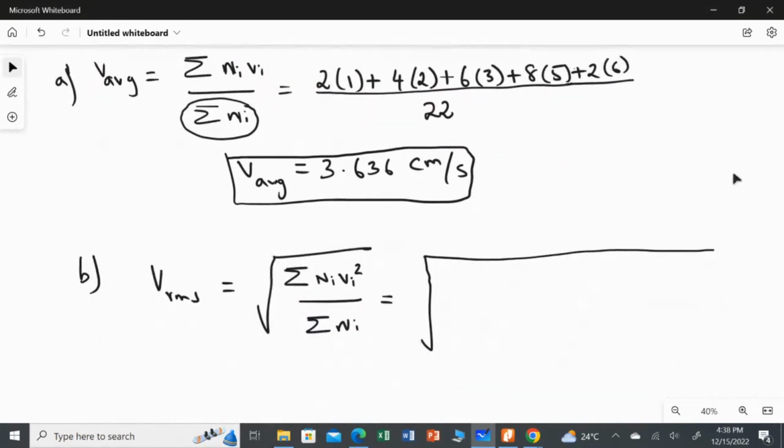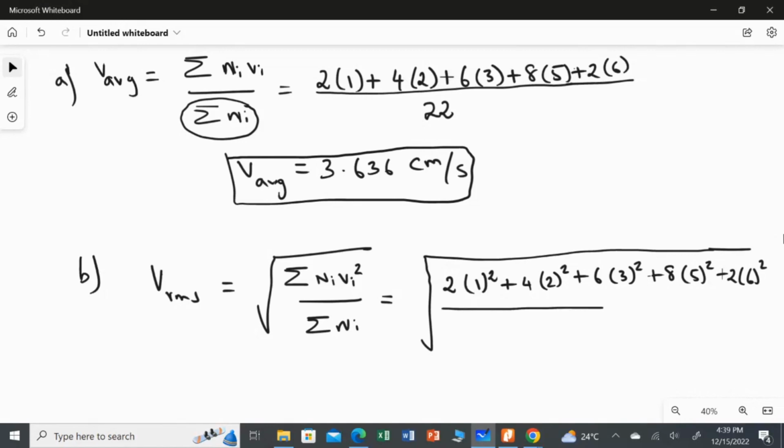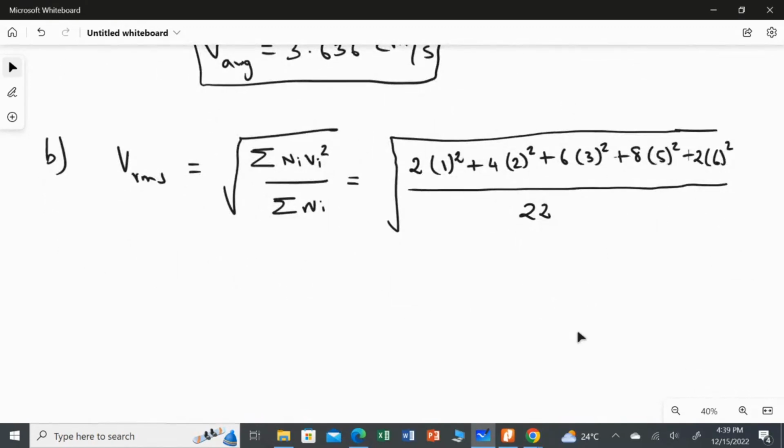So 2 multiply with 1 square plus 4 multiply with 2 square plus 6 multiply with 3 square plus 8 multiply with 5 square plus 2 multiply with 6 square over the total number of particles mentioned in the question, 22. Now I have to solve this to get the root mean square speed.